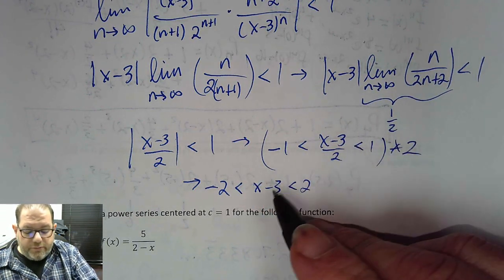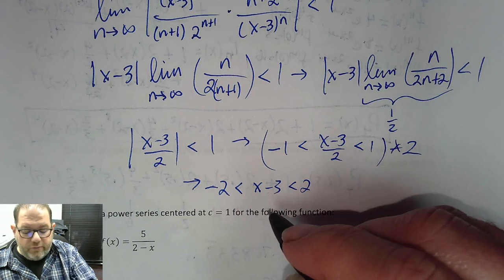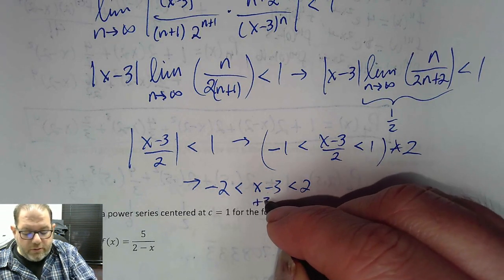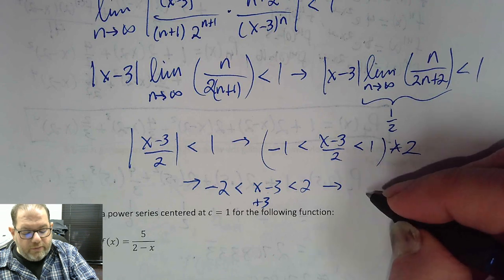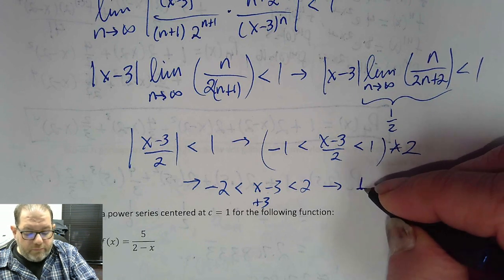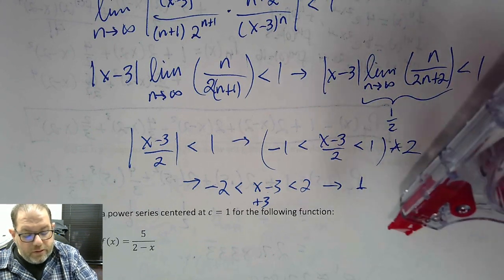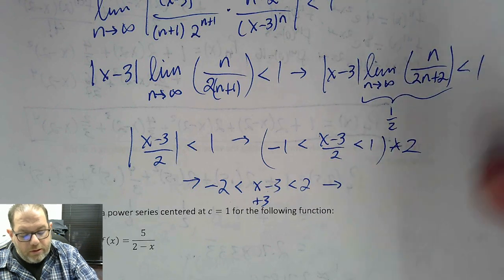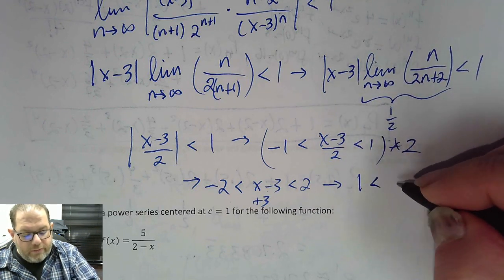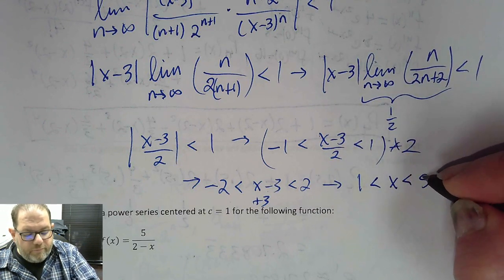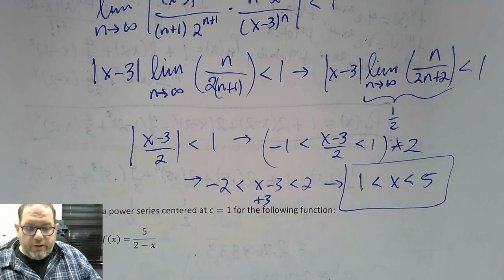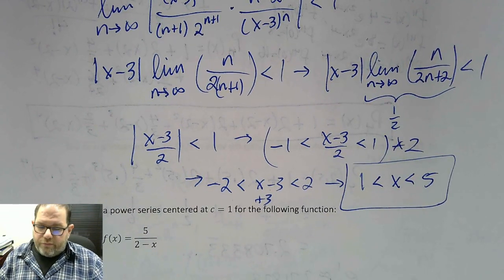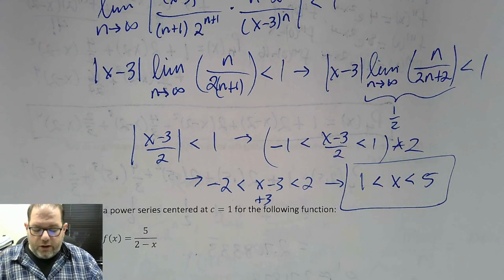And then we'll just add 3 to each part here to get rid of this minus 3 in the middle. And so that gives us actually a positive 1 is less than x is less than 5. And so there's our radius of convergence, or interval of convergence, however we want to specify.